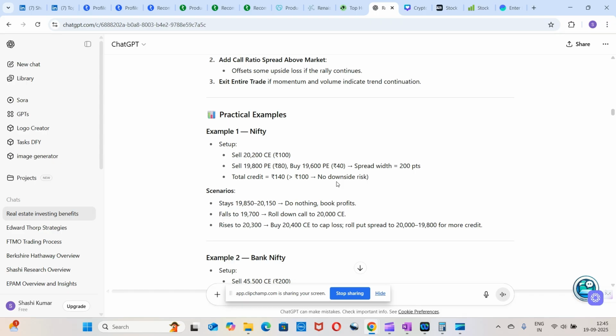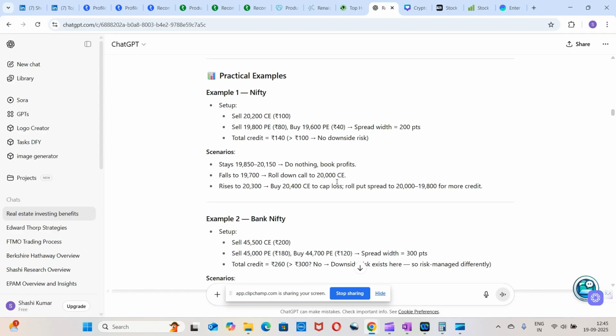Examples on Nifty: you are selling the 20,200 C, and you have sold the 19,800 P and bought the 19,600 P. If the market stays within 19,850 to 20,200, do nothing with the profits. If the market falls to 19,700, you need not do anything; you'll make profit only because there is no downside risk. But if you want, you can roll down the call to 20,000. If the market rises to 20,300, your short call leg is broken.